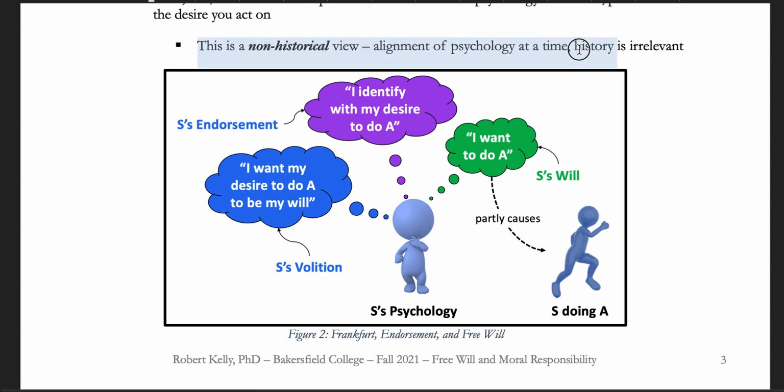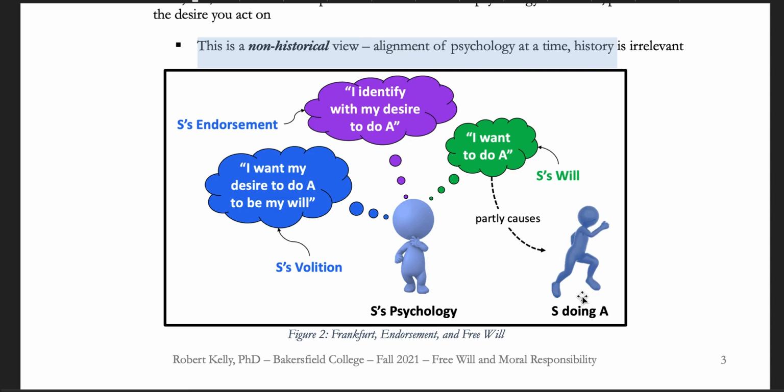Now, this is a non-historical view, which means it doesn't matter how all this stuff came about. It doesn't matter where your desires came from. Not really. It doesn't matter where your volition comes from. Identification even, maybe more questionable. But the point is that we don't have to tell the causal story about what's going on over here. It's just about some particular time, namely the time right before you act.